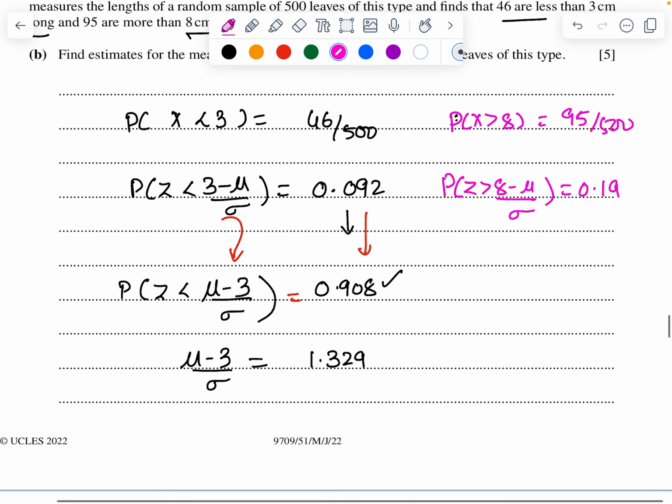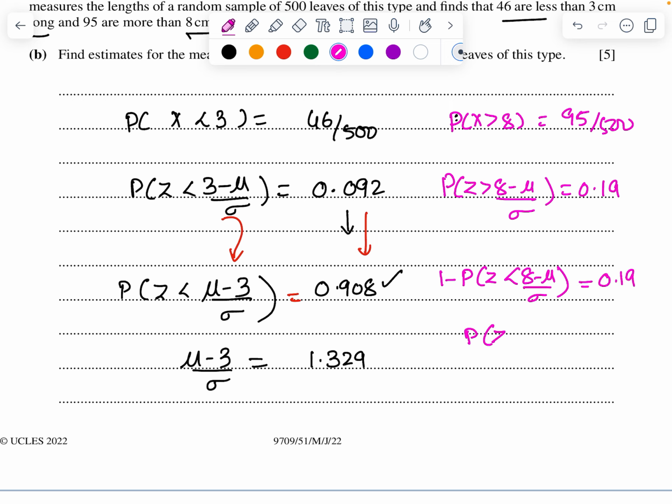Converting greater to lesser than is 1 minus probability of z less than 8 minus mu by sigma equals 0.19. Probability of z less than 8 minus mu by sigma equals 0.81. 8 minus mu by sigma equals, from the table, 0.878.